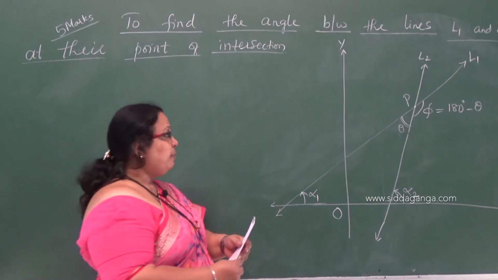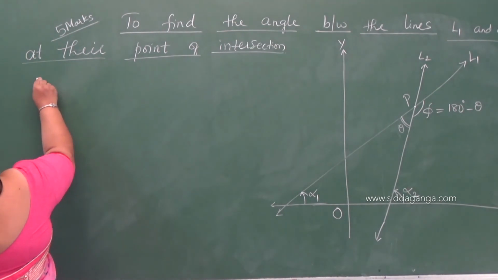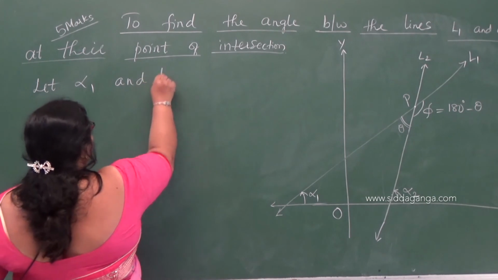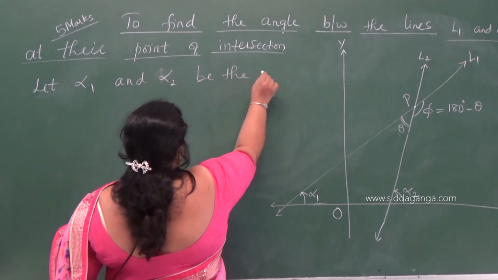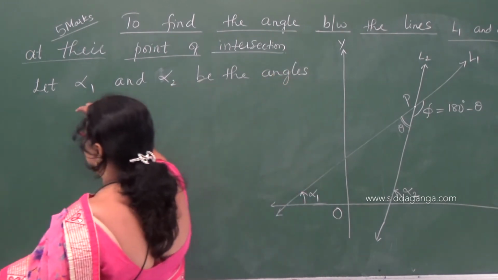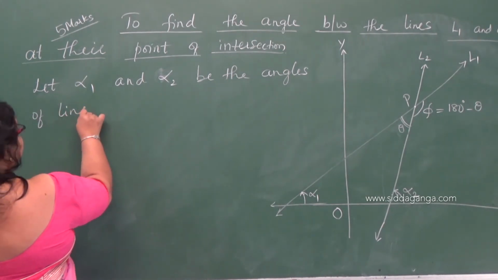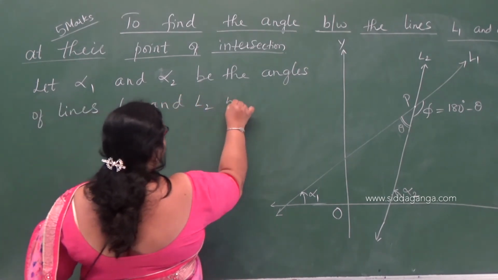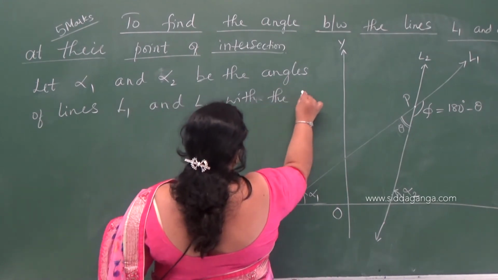So that means here, let alpha 1 and alpha 2 be the angles of the lines L1 and L2 with the positive x-axis.